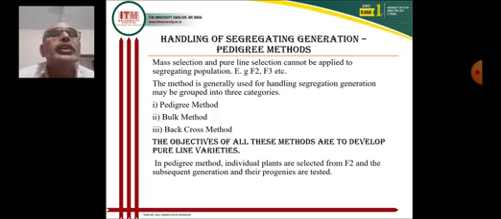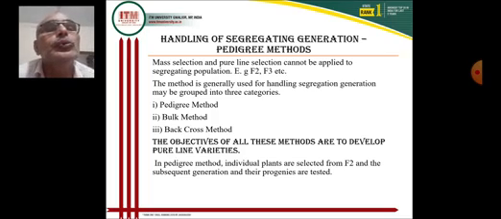So, mass selection and pure line selection cannot be applied to segregating population because if we select the plants in F2 generation or F1, then we will grow in next generation in these plants. They show variability.